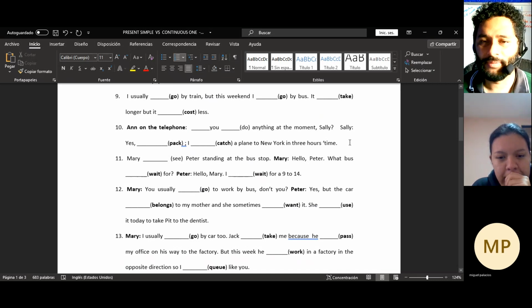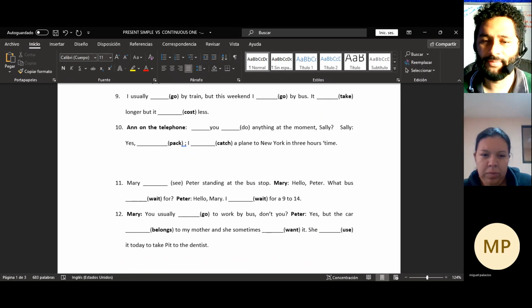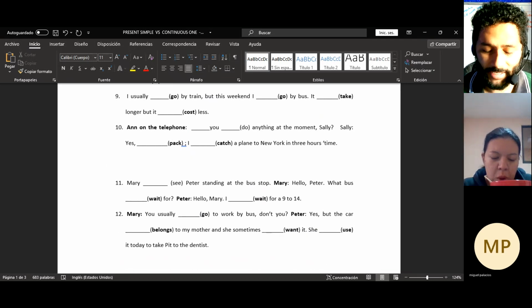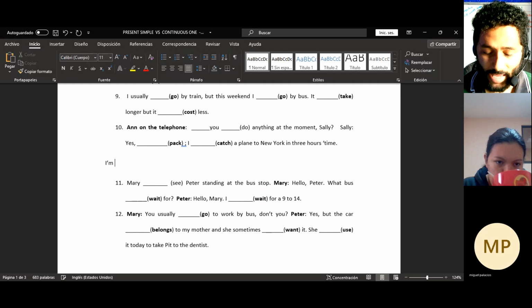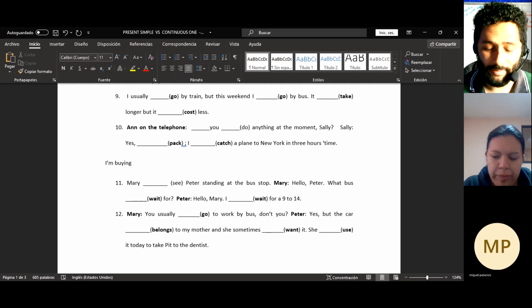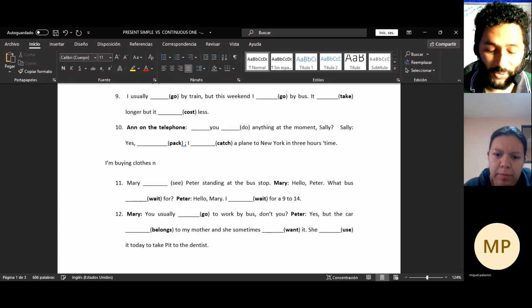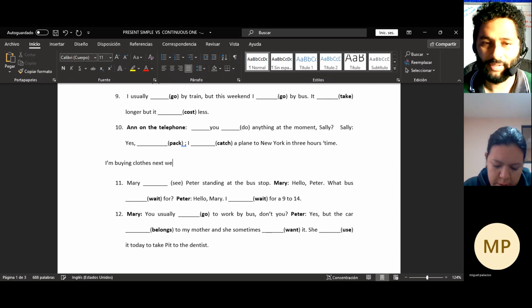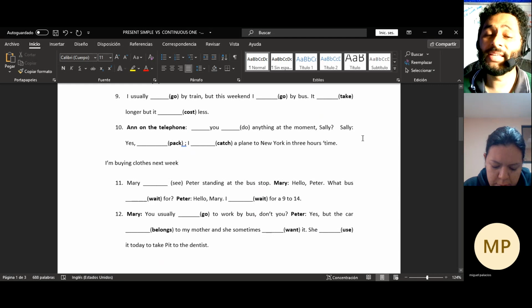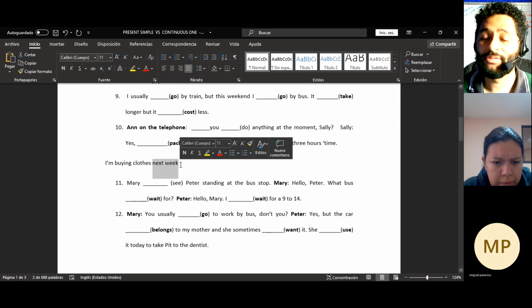Let's put it here. Whenever you have something like, let's say, I'm buying clothes next week. So when you have a sentence in the ing form, and then you add when, next week, you're talking about future.